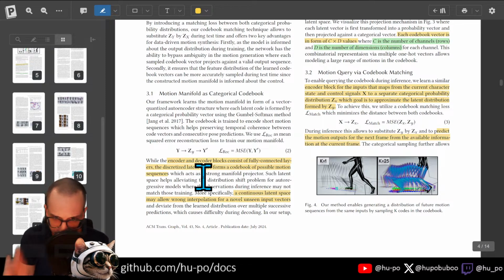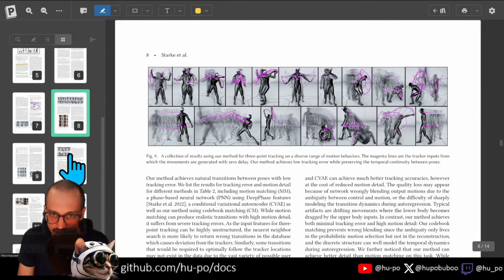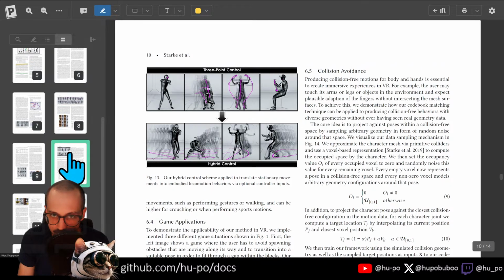So by discretizing or quantizing that latent space into a codebook, basically taking that continuous latent space and turning it into a limited set of possible motion sequences, you fix some of the issues you get with interpolation.